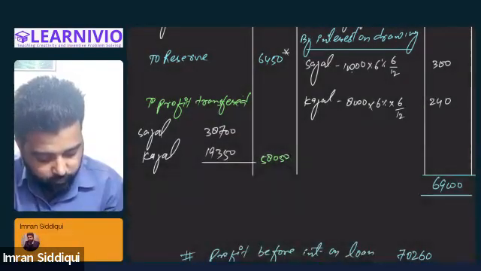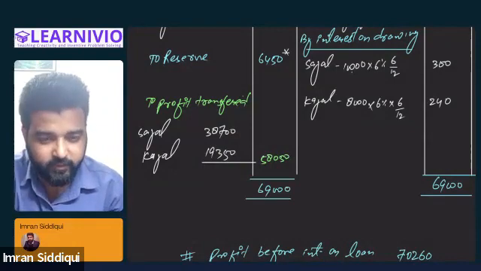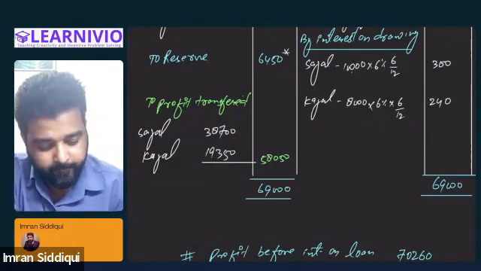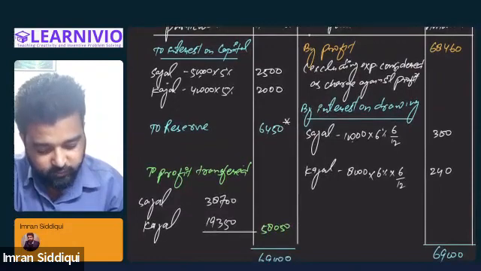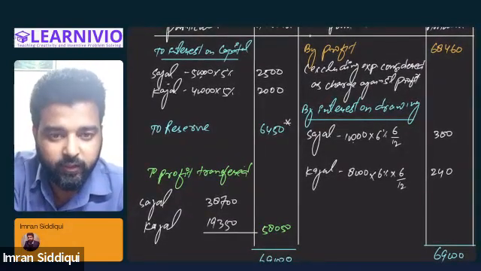And after that, we'll total both the sides, and we must ensure that both the sides have equal value. So this is our answer for this question. Kindly confirm if everything is clear, Manisha and Ritika.